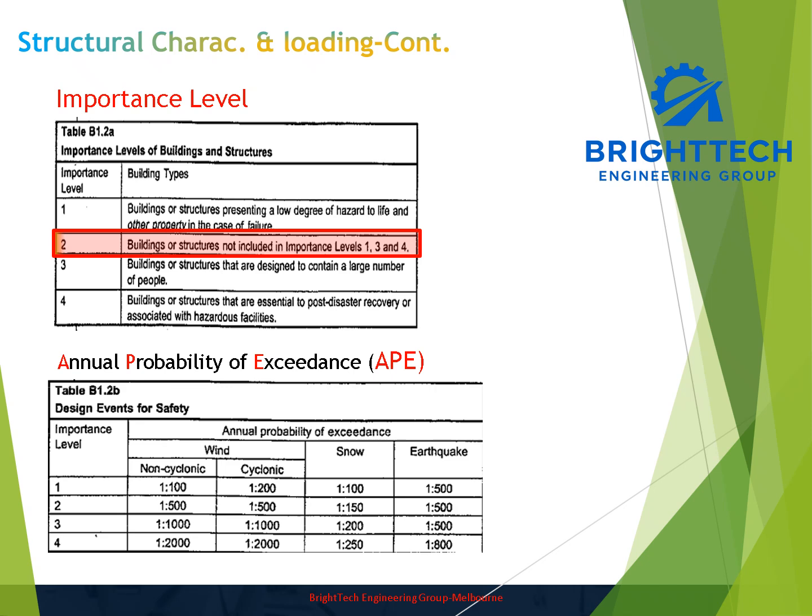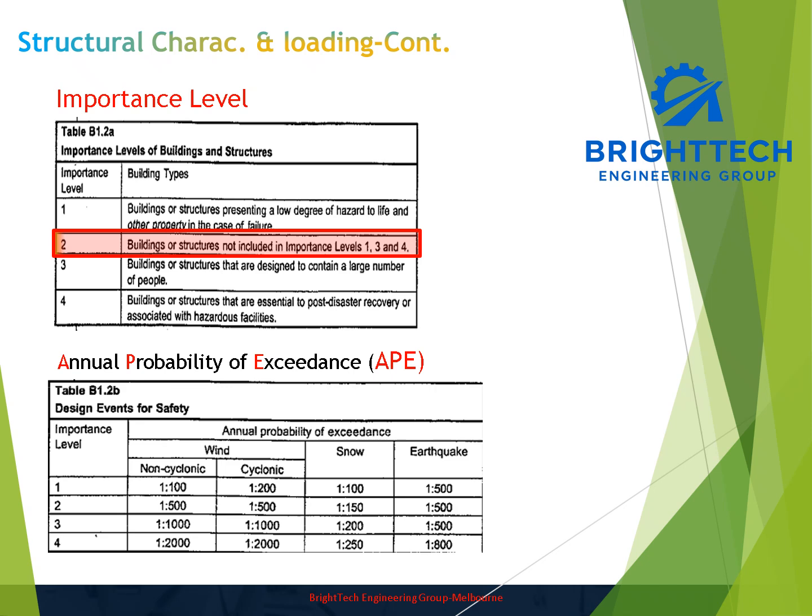And importance level 3 is buildings or structures that are designed to contain a large number of people, which prone the people to danger. Failure might result in loss of life. And buildings or structures that are essential to post-disaster recovery, like emergency facilities or hospitals, fall into importance level 4. So for this structure, which is a treater, the importance level is 2.